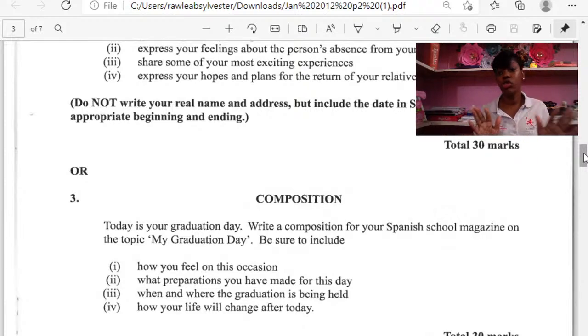If preterite and imperfect give you some trouble, avoid them at all costs unless absolutely necessary. Don't try to use the subjunctive if you don't know the proper formation. Forget it. Don't do it. The exam day is not the day to try things you never tried before. That is not that day. So I hope you all understand and have a good grasp of section 2 of paper 2.